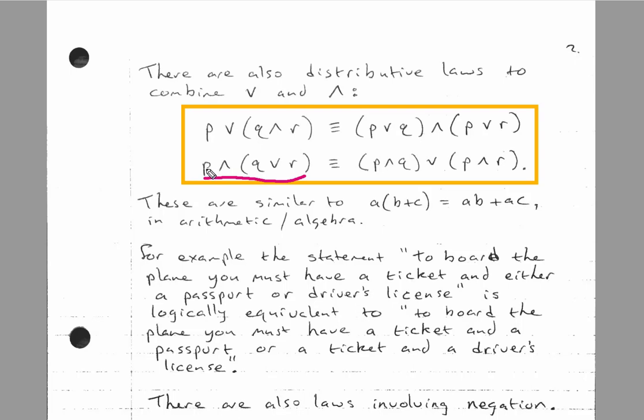So P is you have a ticket, and Q is you have a passport, or R is you have a driver's license. Okay, so it's like we have parentheses here. Okay, so to get on the plane you have to have a ticket and one of these two forms of ID.